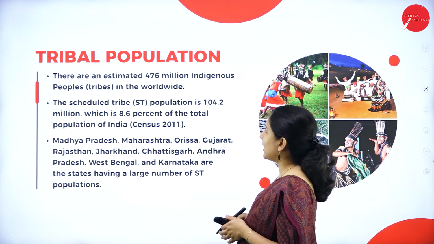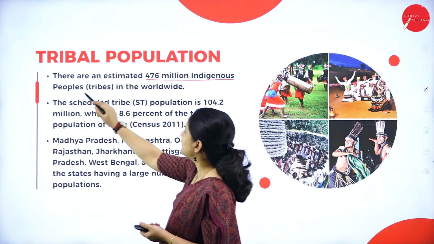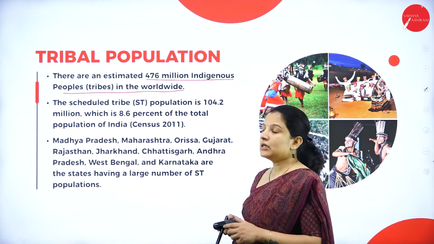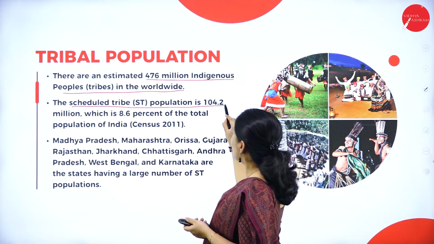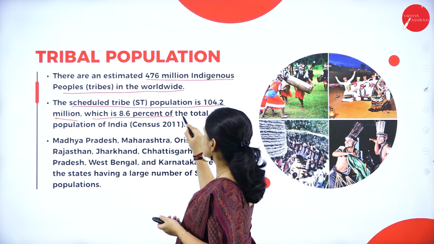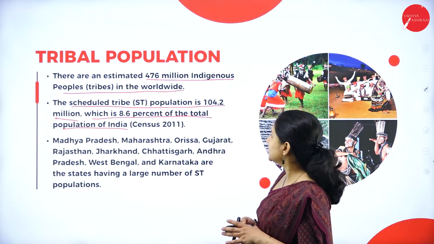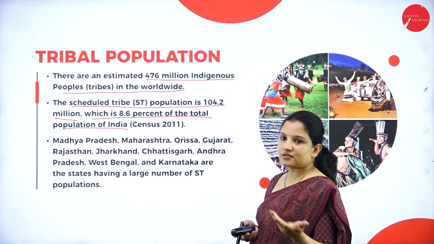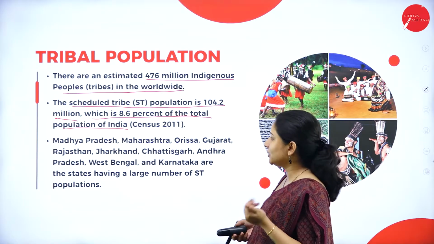It is estimated that there are about 476 million indigenous people or tribes throughout the world, and the scheduled tribe population in India is 104.2 million, which is 8.6% of the total population of India. So this was according to the census that was taken in 2011.